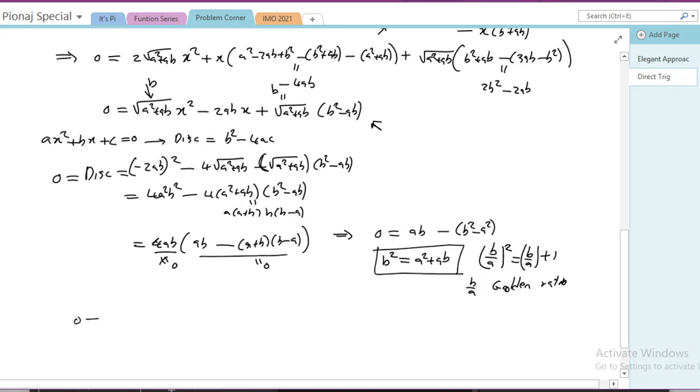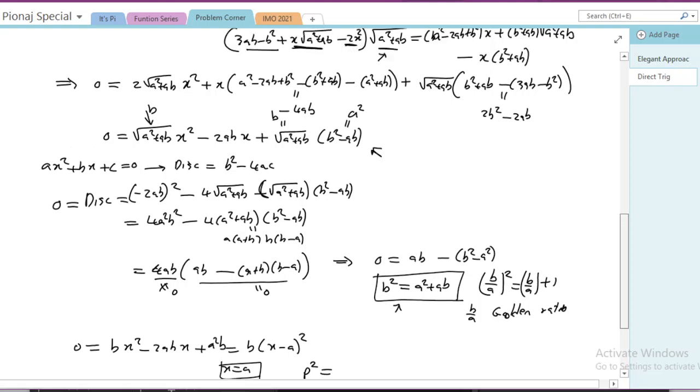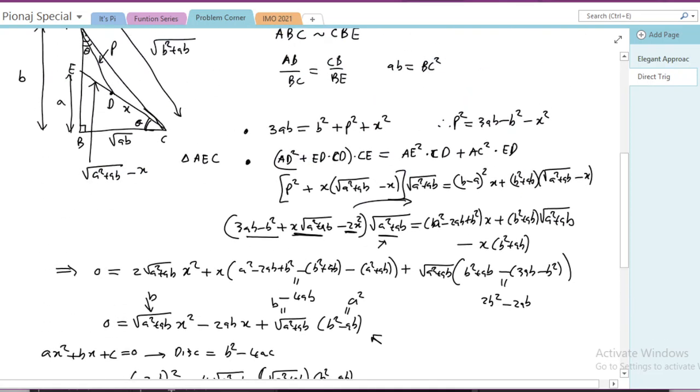So we get bx squared minus 2ax plus. Now this part we can see is equal to a squared using the same relationship here. So this will just be a squared b, and we can bring out b, and we get this squared. So it means that x is a, and then p squared, we can recall we got p squared before up here.